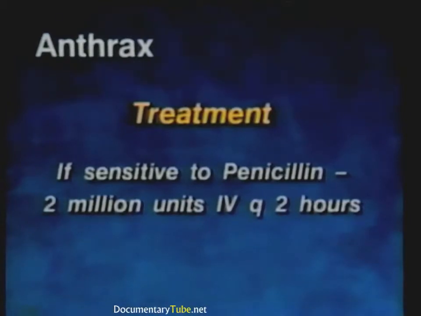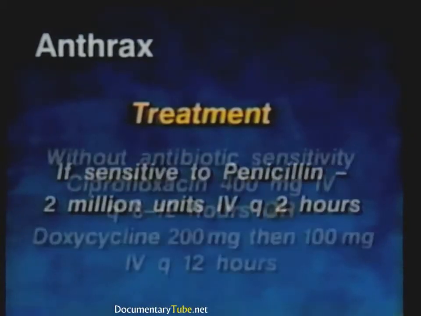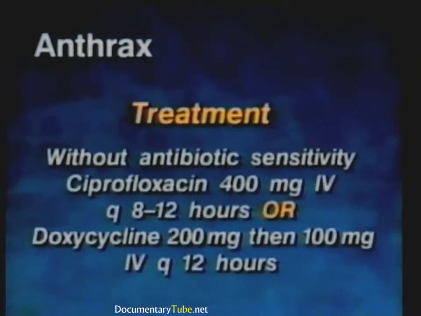And here we're talking about 24 million units of penicillin a day. However, again, in the context of what we're discussing, if it's a penicillin-resistant organism, or if you don't know the sensitivities, we would recommend a fluoroquinolone or a tetracycline given intravenously to manage this disease.